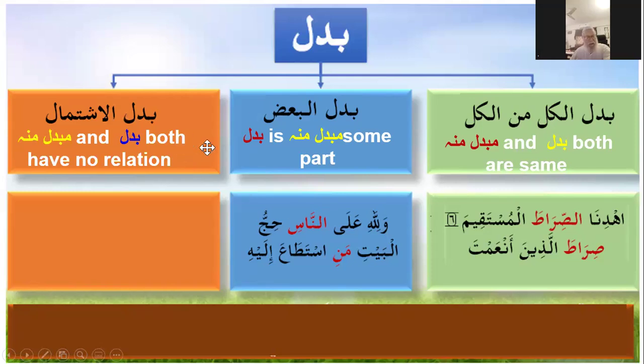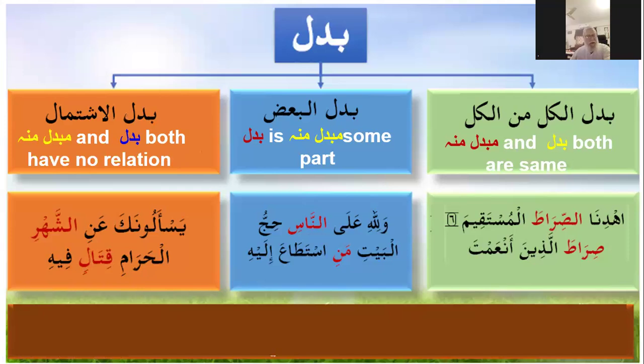And in badle ishtimal, there is no relation between the badle minhu and the badal, just like "yas'alunaka anil shahril haram qitalin fi". Ashhar means the month, qital means killing. They are two different things. Ashhar is a month, time, showing the zarf, but qitalun or qitalin is an ism, a noun, but it is different from the ashhar.